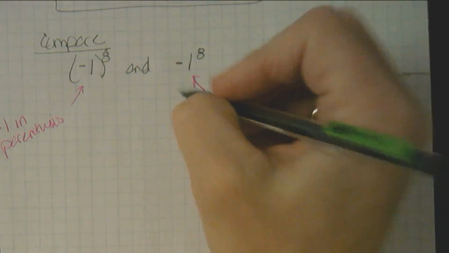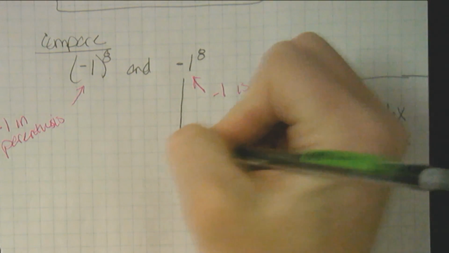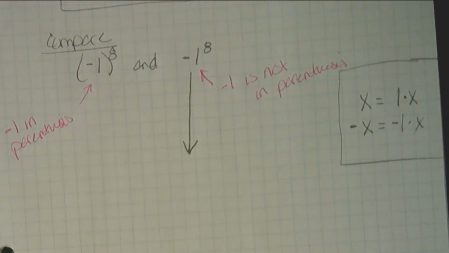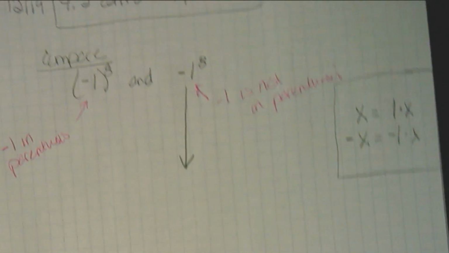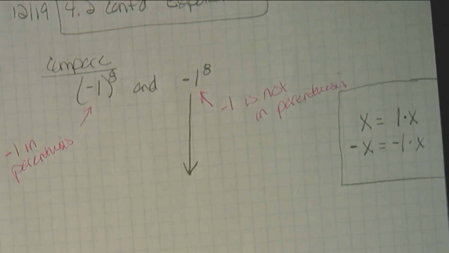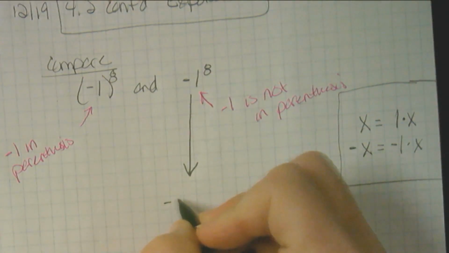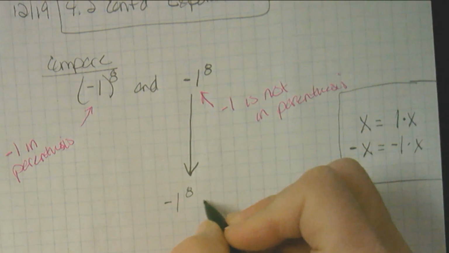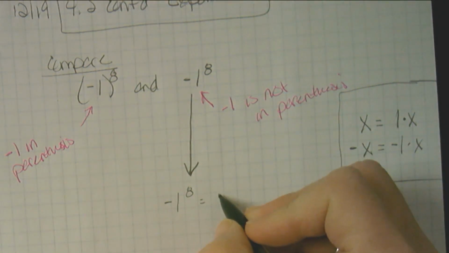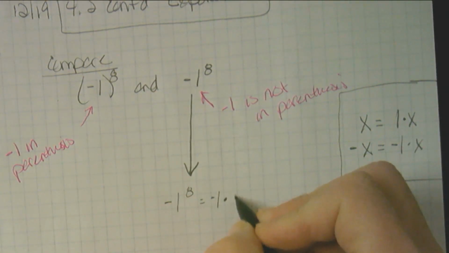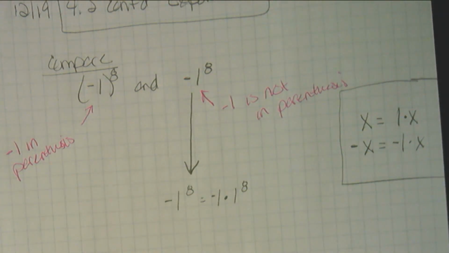Okay. So I want to take a look at that negative 1 to the 8th without the parentheses. Negative 1 to the 8th is the same thing as negative 1 times 1 to the 8th power.